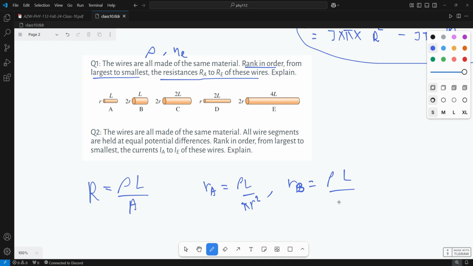This will be pi (2r) squared, which is 4 pi r squared.